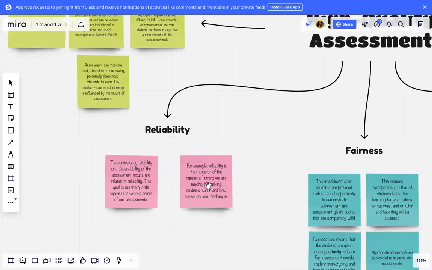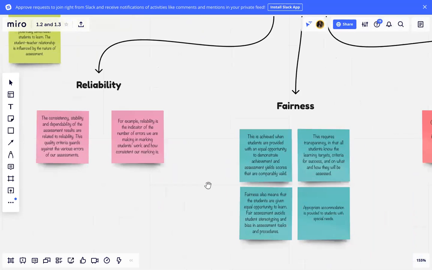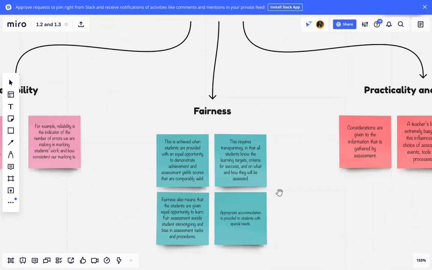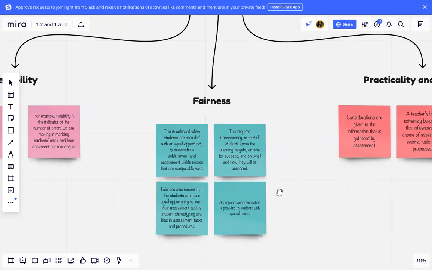Then the next one is fairness. This is achieved when students are provided with an equal opportunity to demonstrate achievement and assessment scores that are comparably valid.